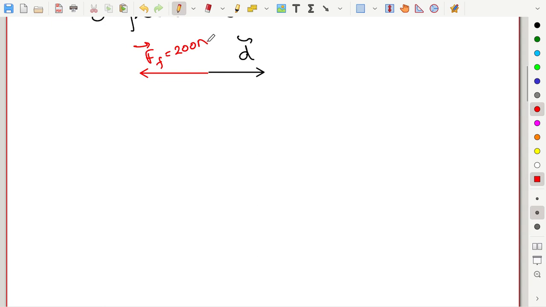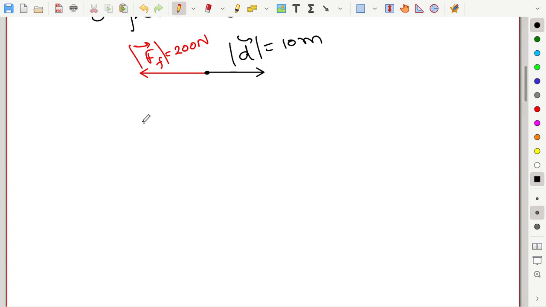So its magnitude, that is mod F. Similarly, the magnitude of the displacement is 10 meters. They are asking to find the work done by the road on the cycle.